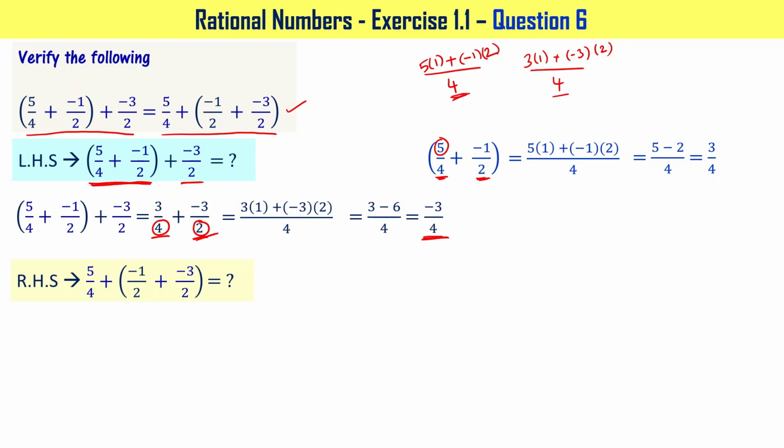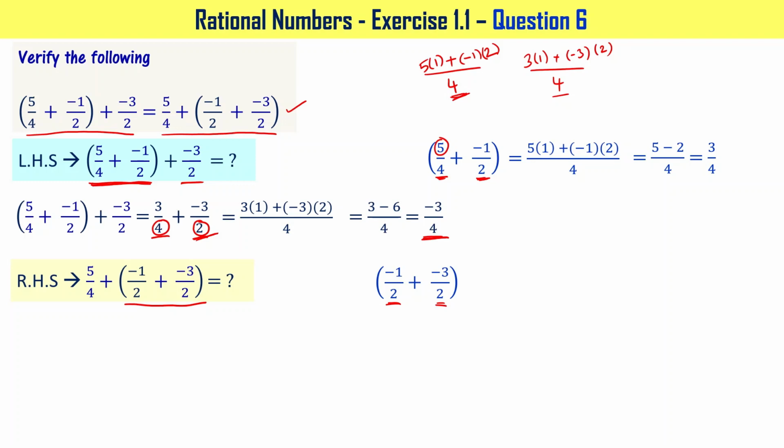Now let's look at the RHS. We want to find the value of 5 by 4 plus minus half plus minus 3 by 2. Let's start with the pair in the bracket, minus 1 by 2 plus minus 3 by 2. As you see here, both the denominators are 2, so we can simply add the numerators and write the denominator as 2. Otherwise, we can use the LCM way.